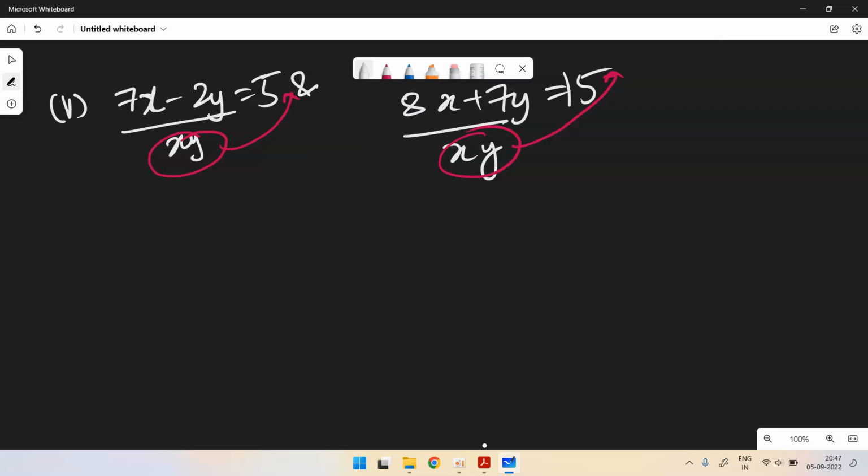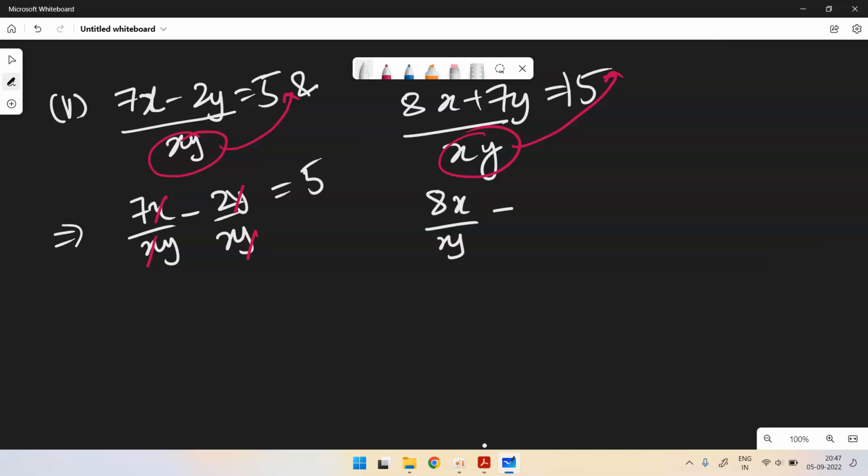So what you need to do is divide this by x and y. If you just open this, this is 7x by xy minus 2y by xy equal to 5. Here x and x get cancelled, and y and y get cancelled. Similarly, do the same here: 8x by xy plus 7y by xy equal to 15.